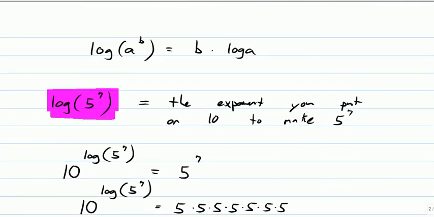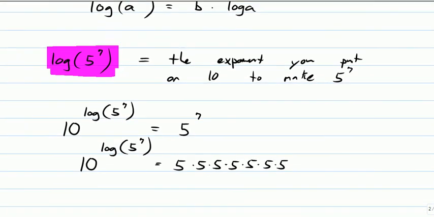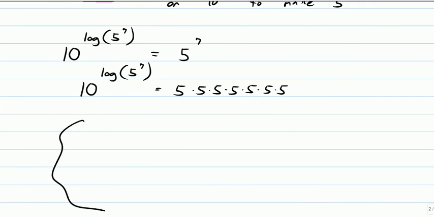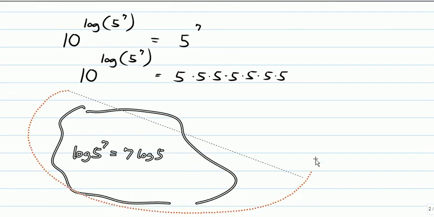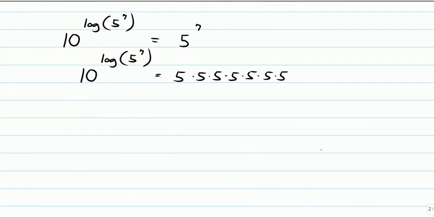Okay, so let's go back to where I started. A real quick thought cloud. I'm trying to show that the log of 5 to the 7th equals 7 log 5. So you got 7 of them over here. Is there another way to write 5?